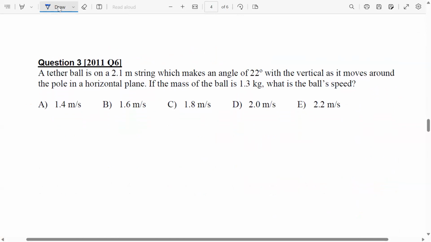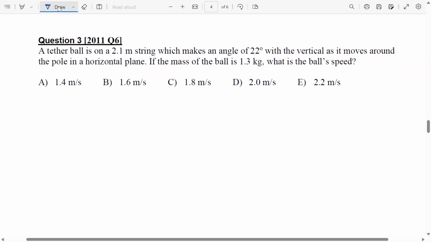If the mass of the ball is 1.3 kg, what is the ball speed? So this is what's happening. This is 22 degrees. It's 2.1 meters. And this is the ball. So it moves around in a horizontal plane.